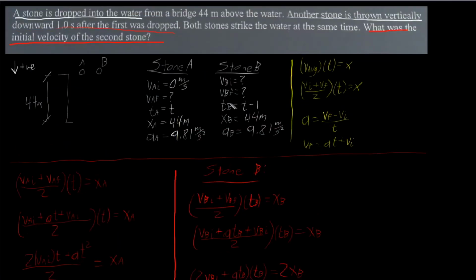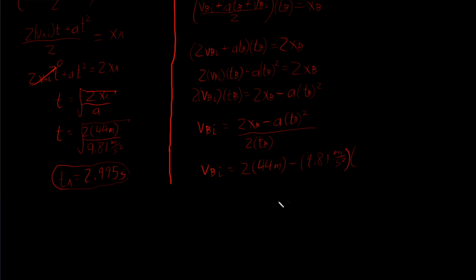We know that from this right here: time A is equal to t, and time B is equal to t minus 1. So this is equal to 1.995 seconds squared, divided by 2 times, and again, this same time B value, 1.995 seconds.